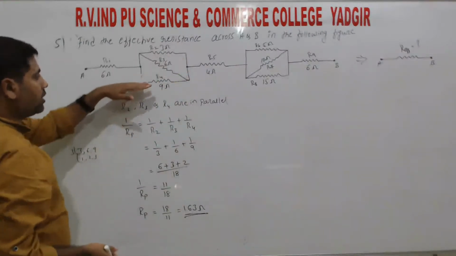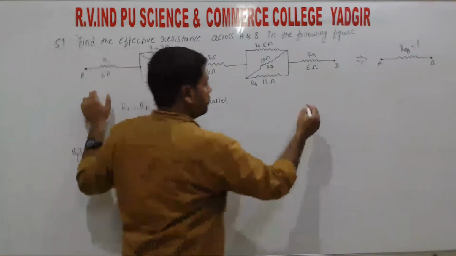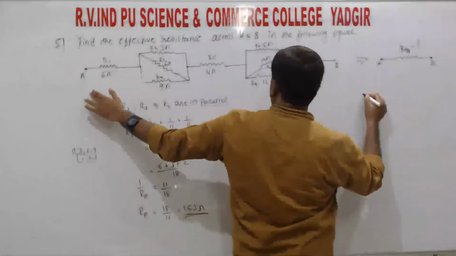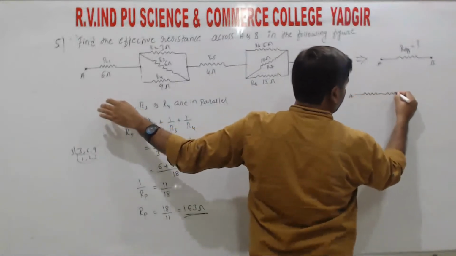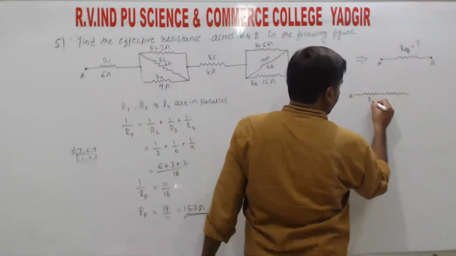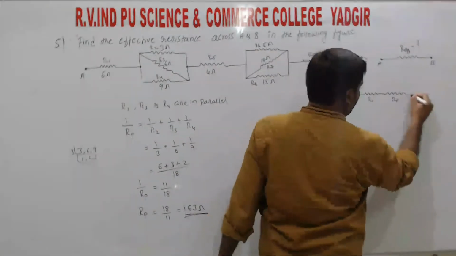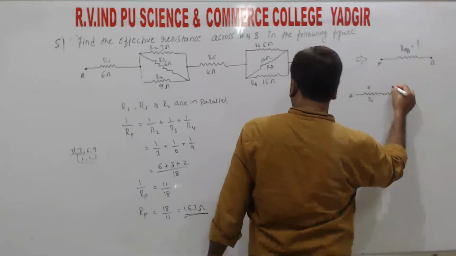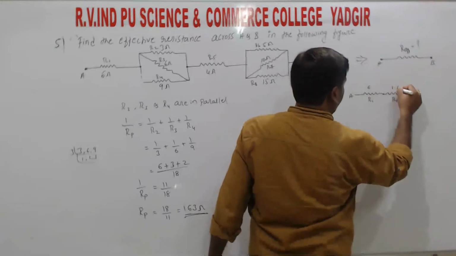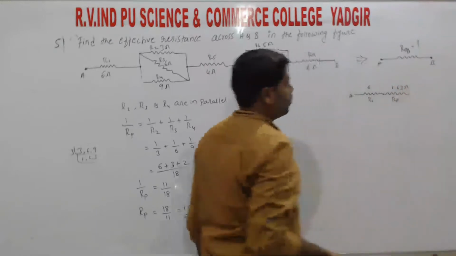So now we can write this here. Starts from A to R1, this becomes Rp, right? So R1 is 6 ohm, so Rp is 1.63 ohm, right?